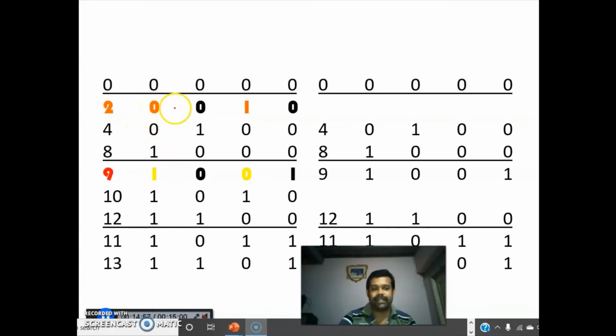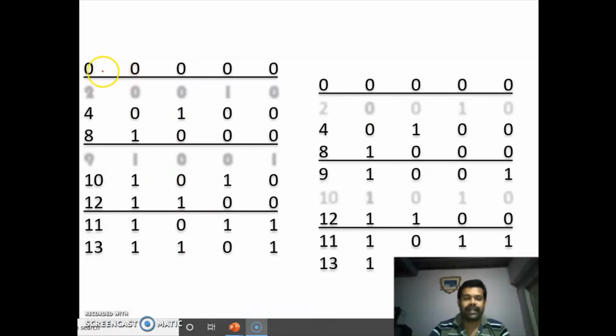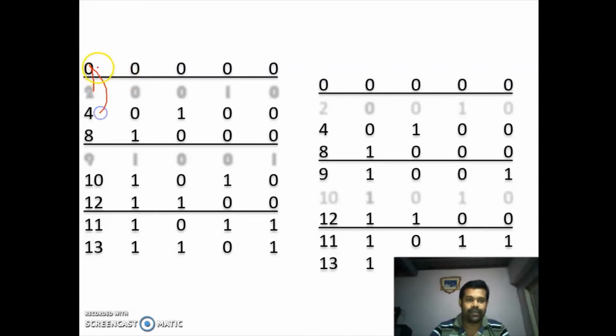Here more than one bit is changing. In the previous step we compared 0 with 2, 0 with 4, 0 with 8, and we considered the particular combination only if they differ by only one bit. Now we have compared the min terms above the line with the min terms below the line. So 0 we have compared with 2, 4 and 8.